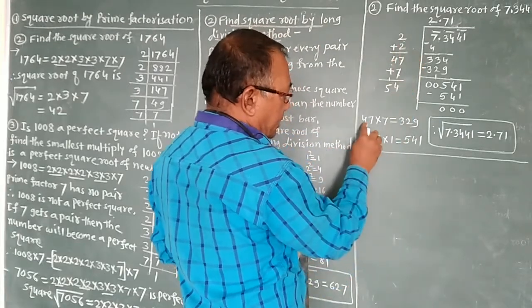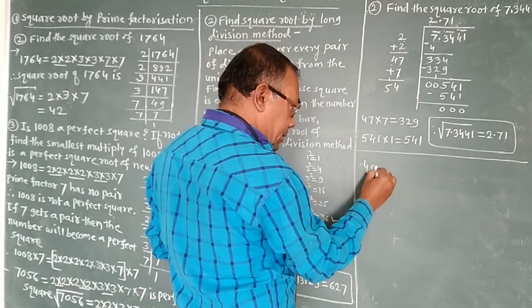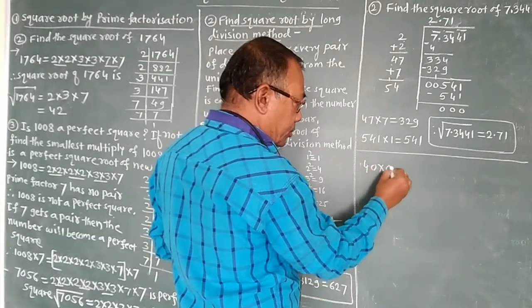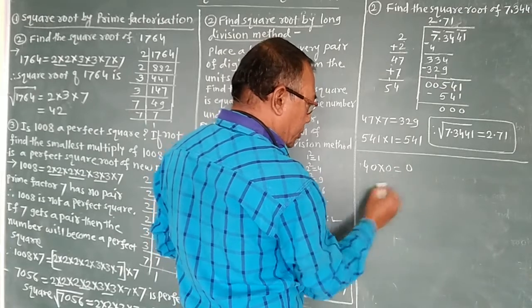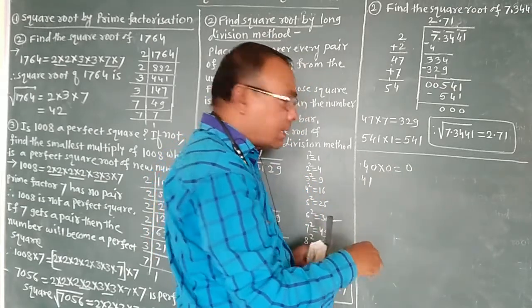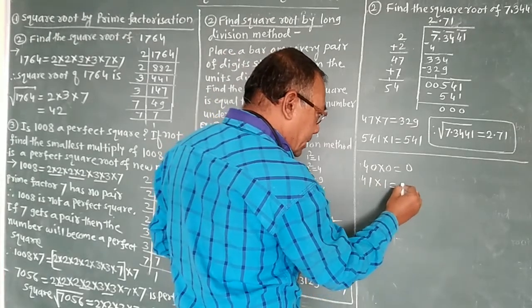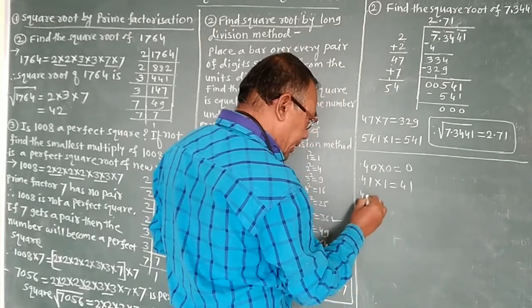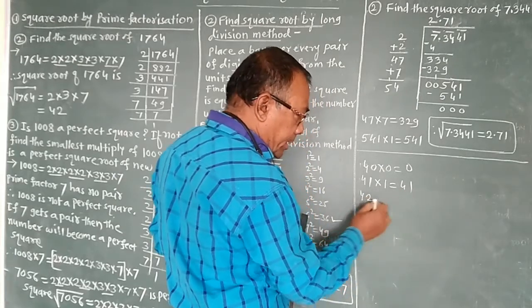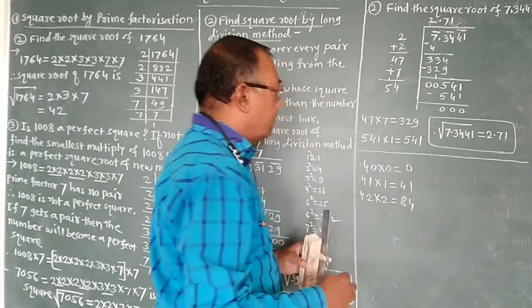Here 2 plus 2 is 4. If we take 0 next to 4 and multiply by 0, it is 0. If we take 1 next to 4, multiply by 1: 41 times 1 is 41. If we take 2 next to 4 and multiply by 2, it is 84.